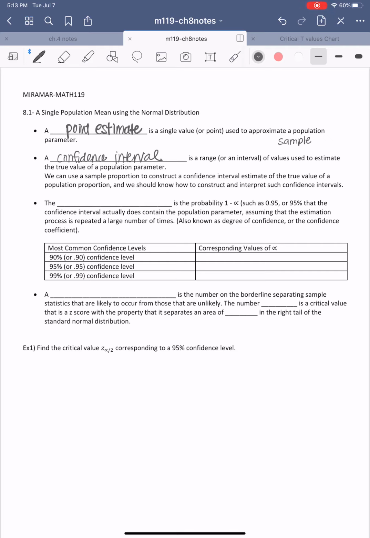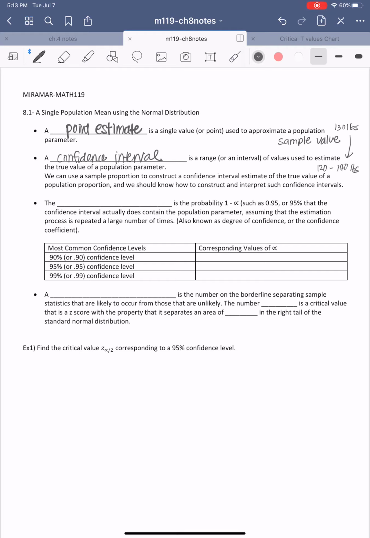And the confidence interval is like a range of values. So we say the average weight of US adults of a 1,000 sample was 130 pounds. I'm just making up a number. Then we are going to use that. So my entire population will be about between 120 to 140 pounds.